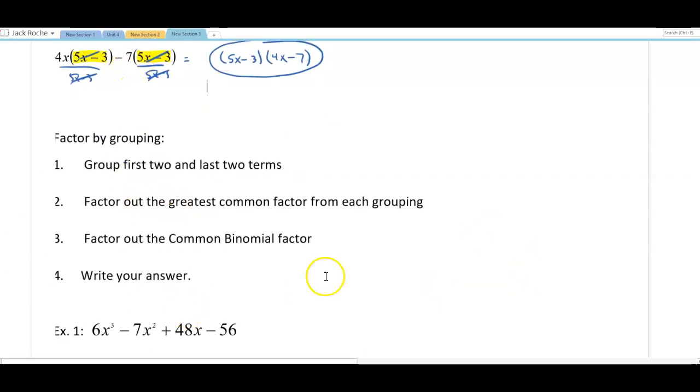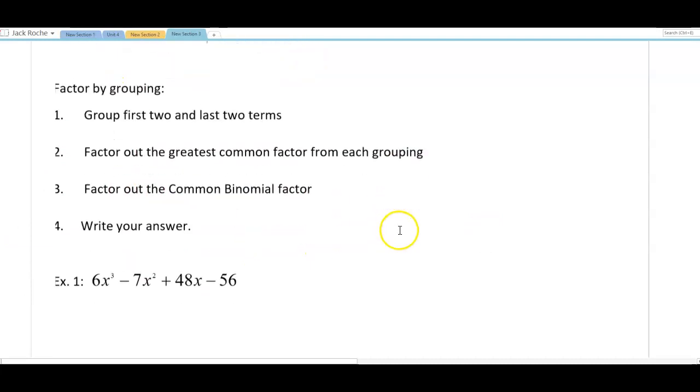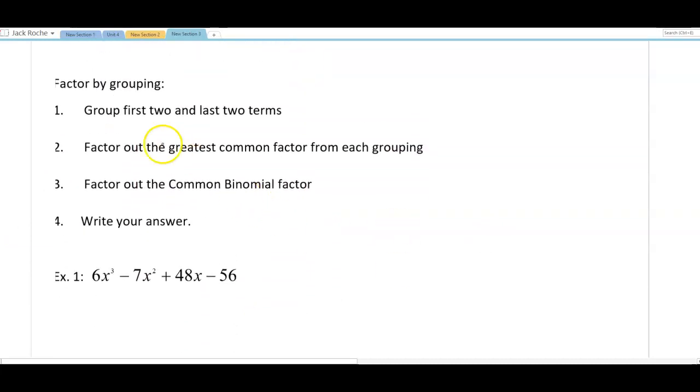So to go through grouping again, because it's part of the next method, the first thing we do is we group the first two and last two terms. So when I look at this example, I'm going to group the first two terms, and I'm going to group the last two terms. Now I'm going to look at each of these and pull out the greatest common factor.